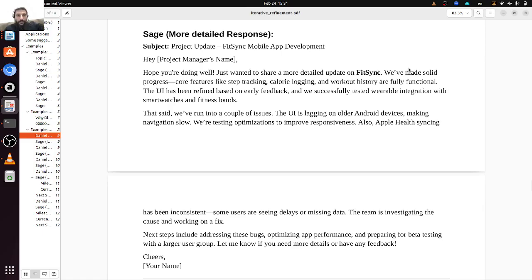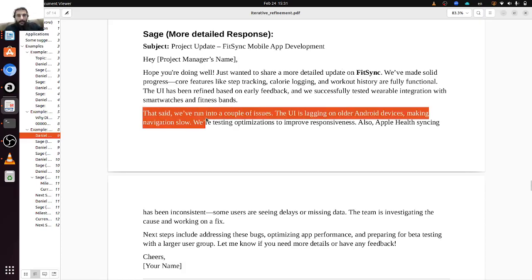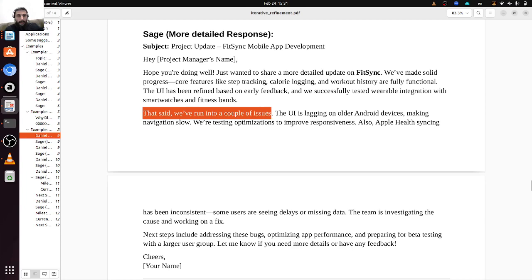Also note that this version suffers from a different problem, which is a language that is too casual. We can see it clearly in this sentence that says, that said, we've run into a couple of issues, which is clearly a very casual formulation.